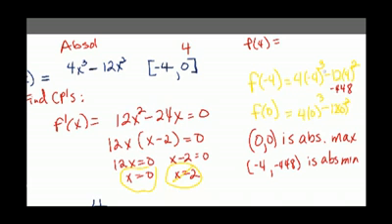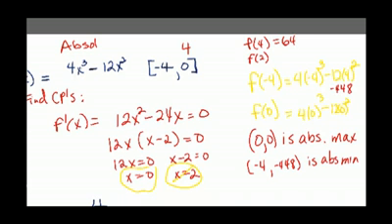And that would be 256 minus 192, which is 64. So that one would be 64.